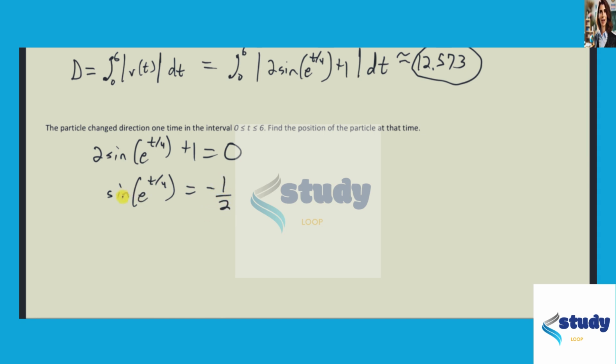So if we know our trig functions, when does sine equal negative 1/2?